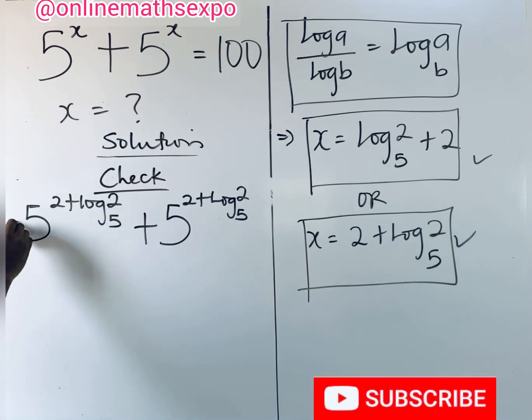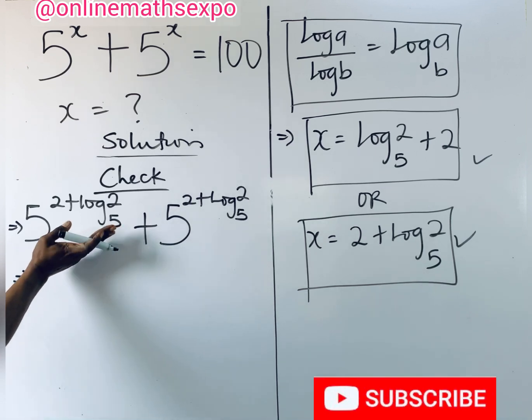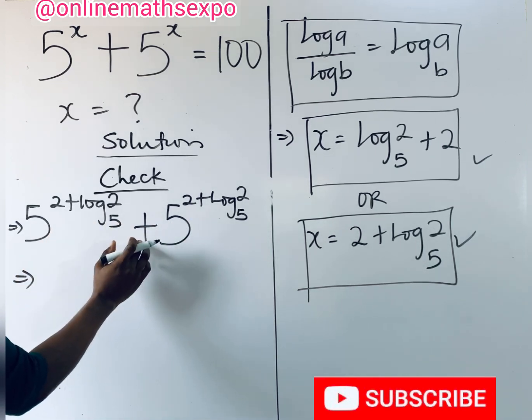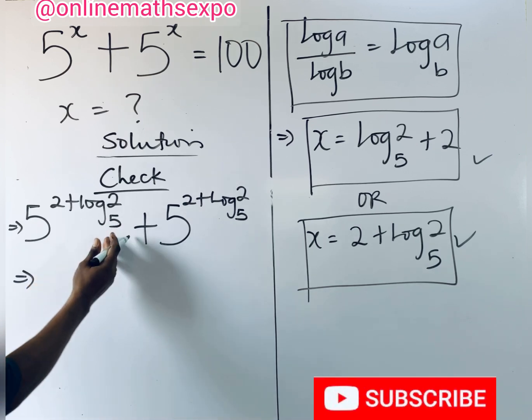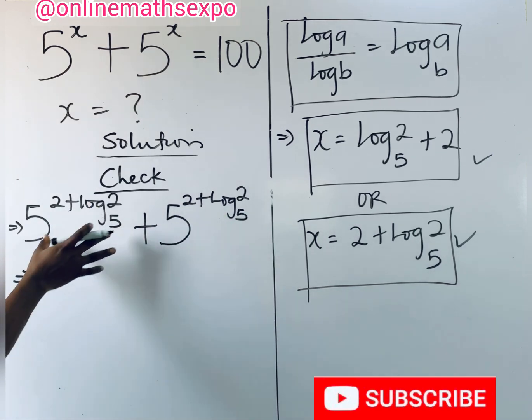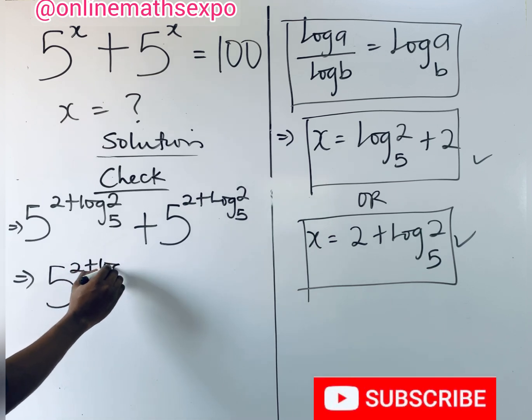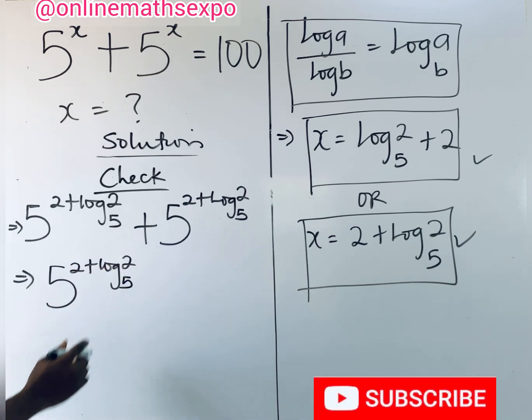So what do we do here? We are going to work with 1. Then when we get the value of 1, we add. You observe that what you have here, add it. So let's get 1 first. So we are going to have 5 to the power of 2 plus log of 2 base 5.